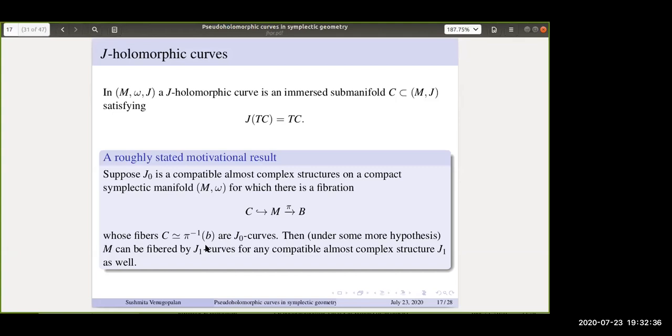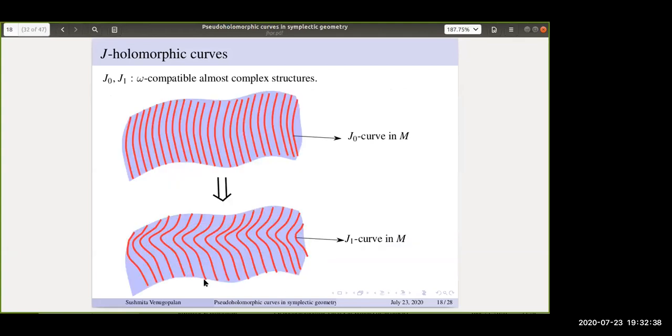So this is kind of the picture. In the top, I have tried to draw a manifold fibered by J0 curves. If you change J0 to J1, the curves get shifted around a little and it looks like the bottom picture. So our result is roughly saying that if you have the top picture, then you have the bottom picture for any J1.